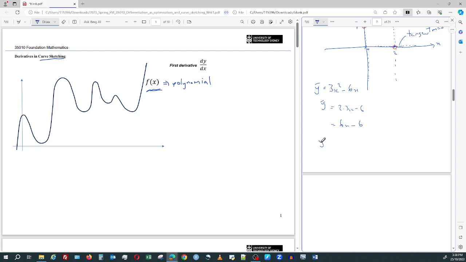So y double dash, function notation, let's check it at 0. That will give us 6 times 0 minus 6. Now 6 times 0 is 0. So we get negative, and look what I'm doing. I'm silly sometimes, aren't I? That's a big minus. Oh, wonder what that means. We'll come back to that because I want to test the other value. Y double dash, and this time we're testing it at 2.